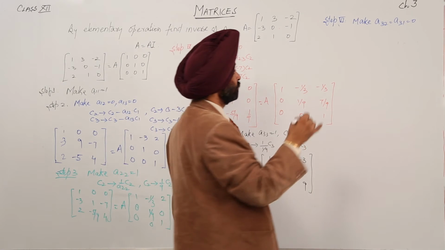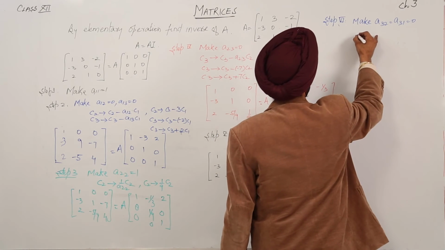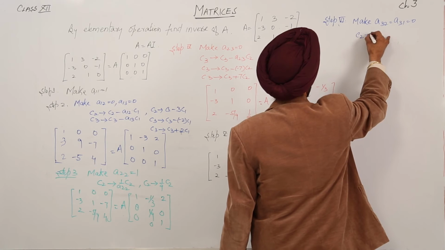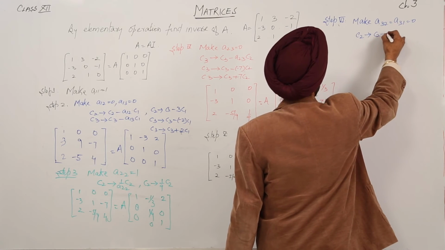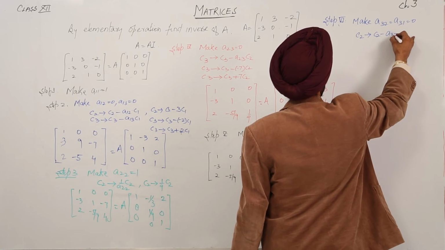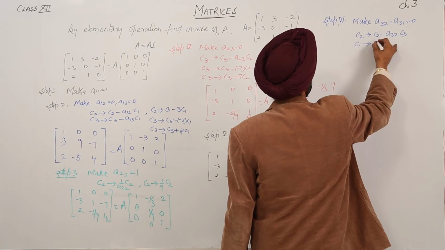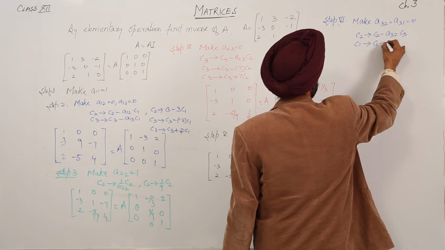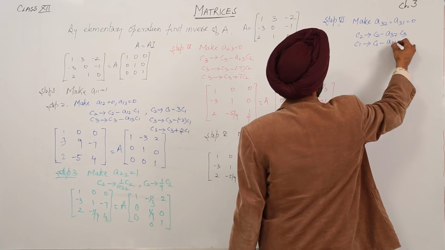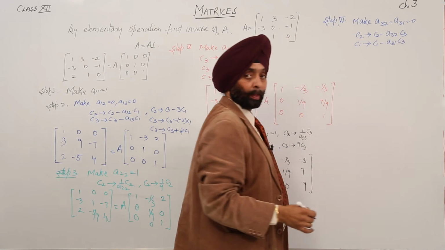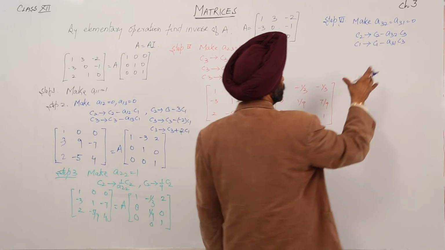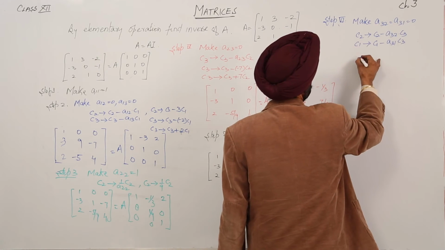What we are putting here now: C2 approaches C2 minus A32 with C3, and C1 approaches C1 minus A31 with C3.